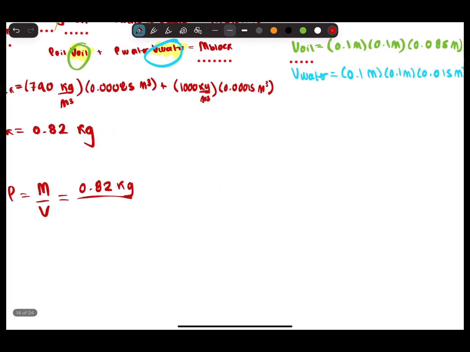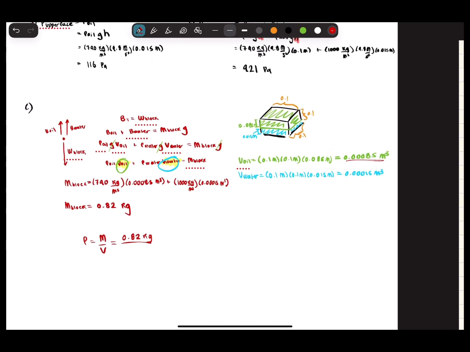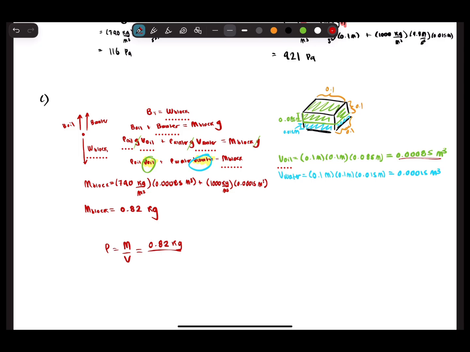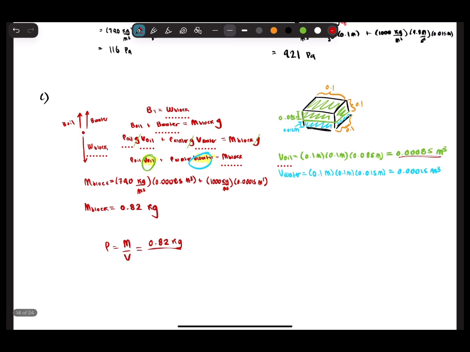And because our block is a perfect cube, its volume is going to be equal to length times width times height, which is 0.1 meters cubed. And if I quickly calculate that, 0.82 divided by 0.1 cubed, you should get that the density of the block is 820 kilograms per meter cubed.